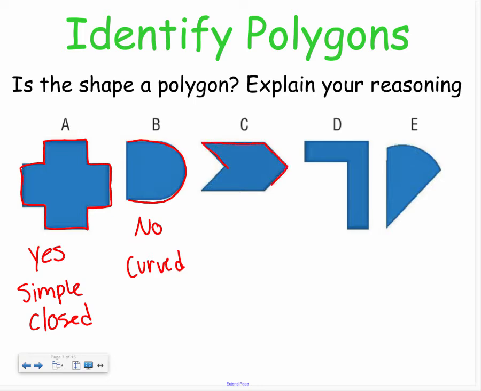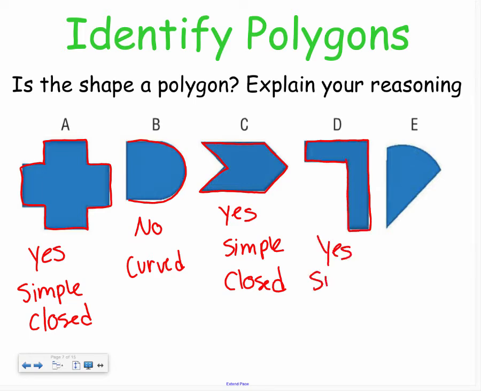Part C, again, straight sides, no overlap and no gaps. So it is yes, because it is simple and closed. Same thing occurs with D. Yes, because it is simple and closed.